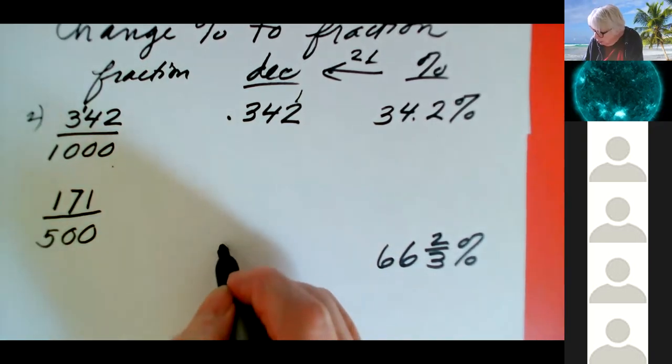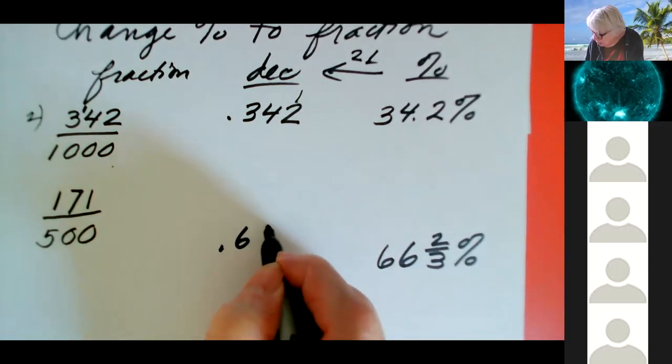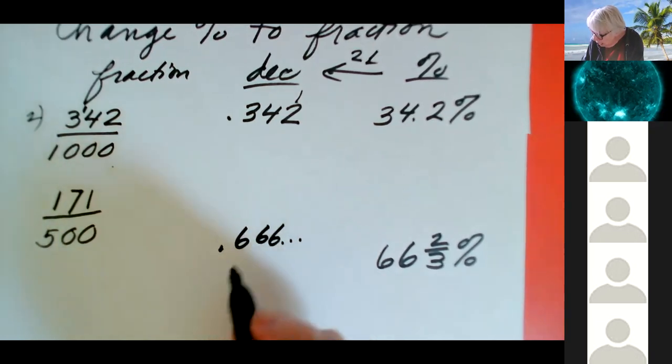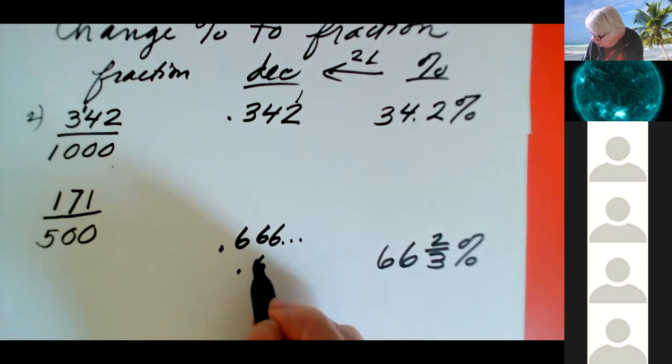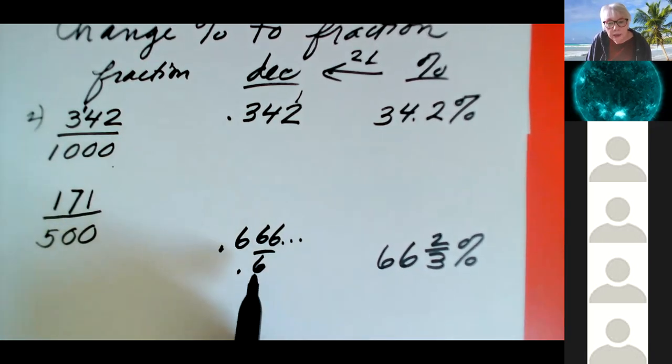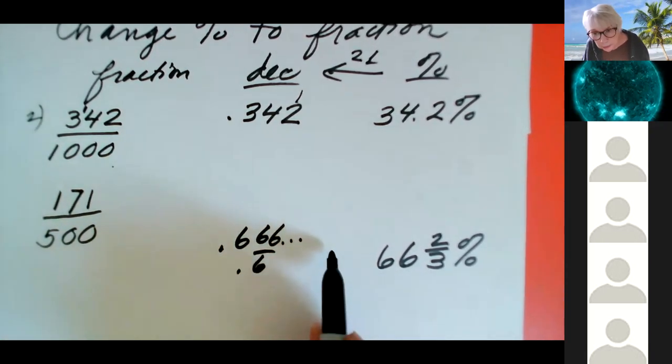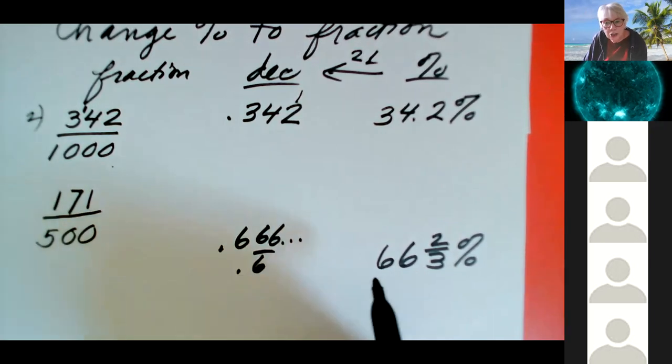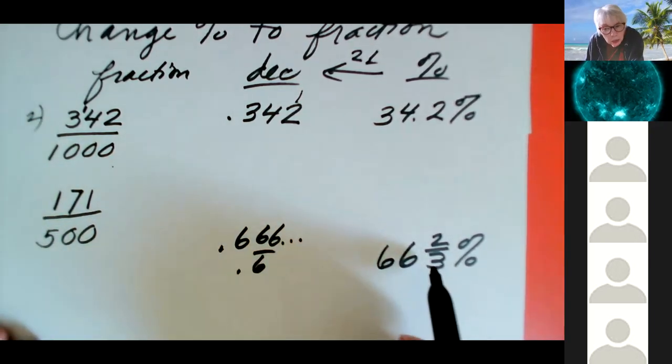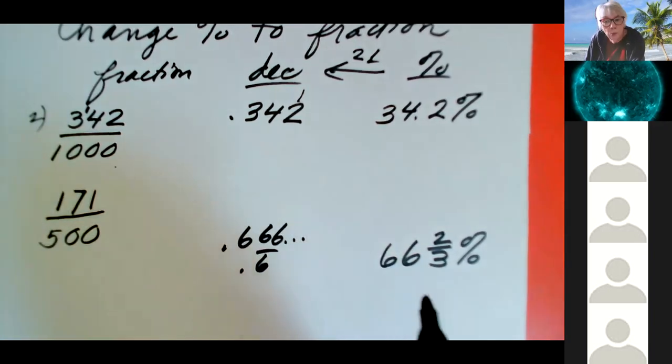So the decimal is the 6s that keep going, it's that 6s forever. But the fraction, I think, instead of doing all these computations, just learn these two about 33 1/3 and 66 2/3.